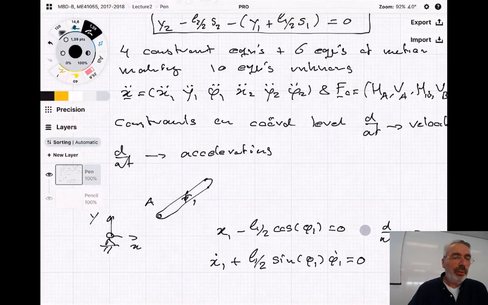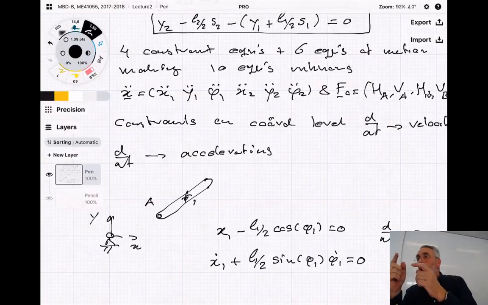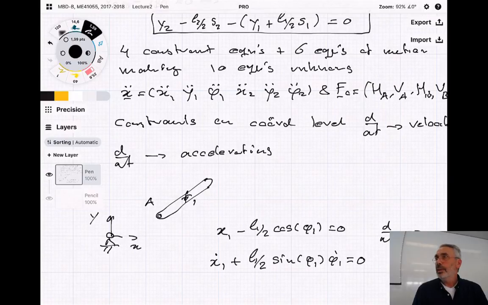Because differentiating with respect to time is an algorithm, is a formula. But integrating, there's no formula for that. You only have a book of tables with primitive functions, and then you look them up and you say, oh, that looks like that. Yeah, that is then the origin. And it sounds stupid, but it's actually a deep thought.